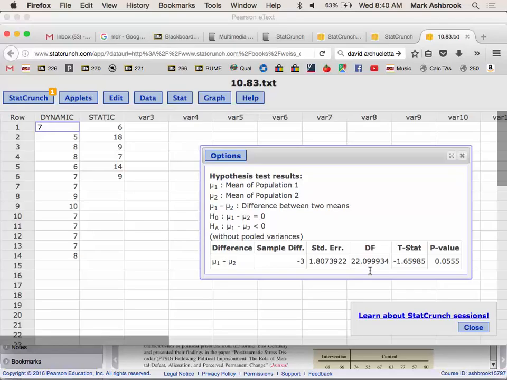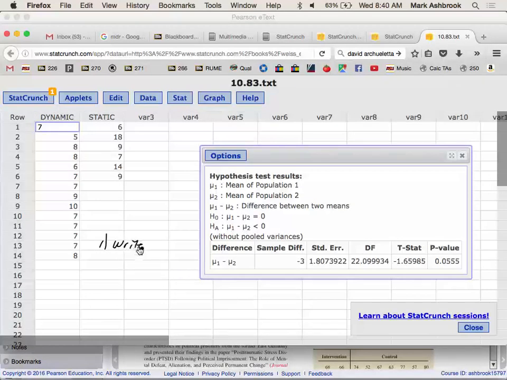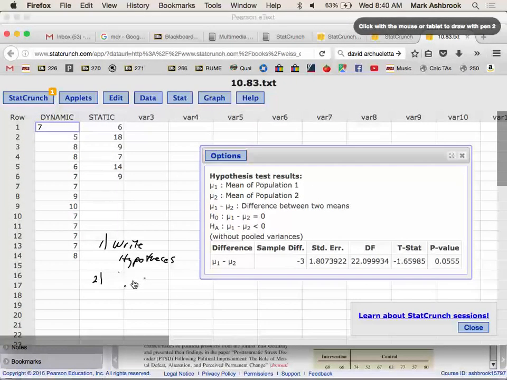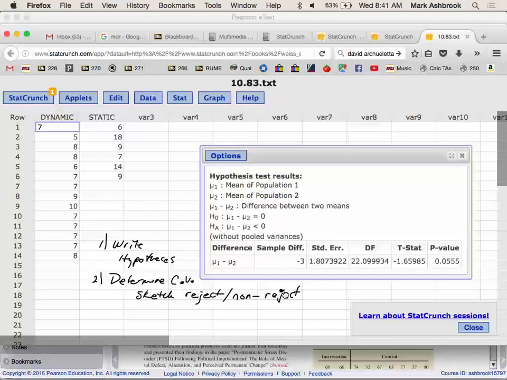What I want you to do is write the null and alternative hypotheses. Determine the critical value and make a picture of the rejection region. Remember, this is a left-tailed test.